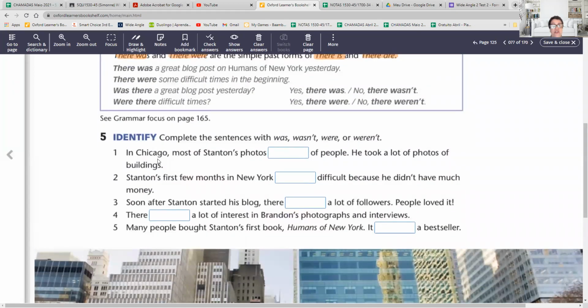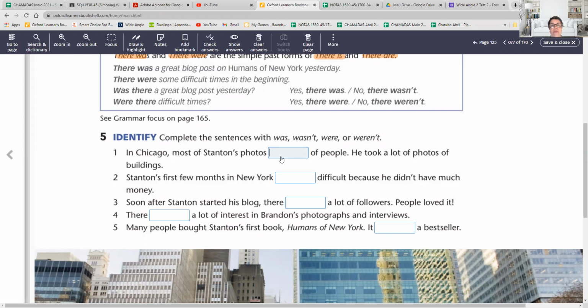Number 1. In Chicago, most of Stanton's photos of people. Here, are we going to put affirmative or negative? Read the whole sentence. He took a lot of photos of buildings. So can I say that his photos were mostly from people, or they weren't?